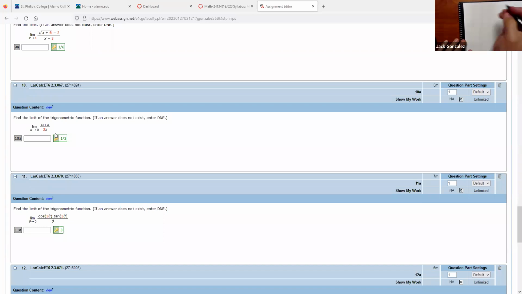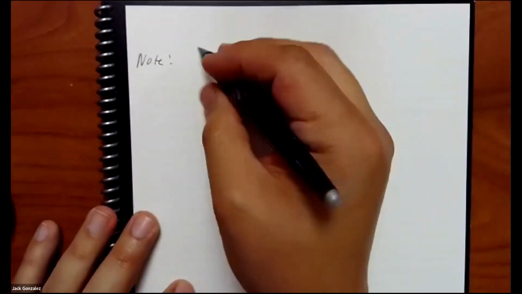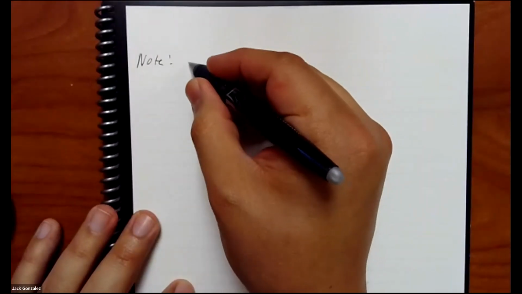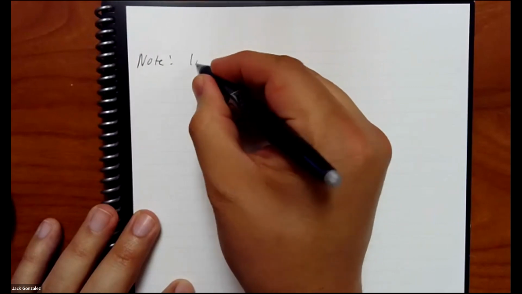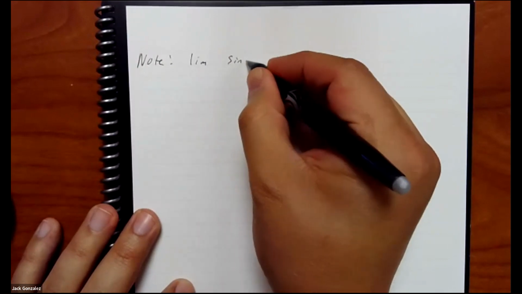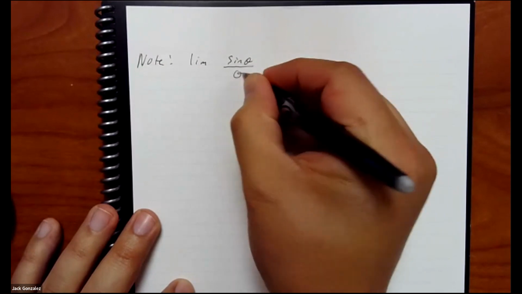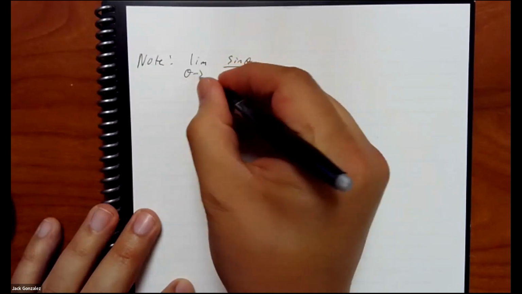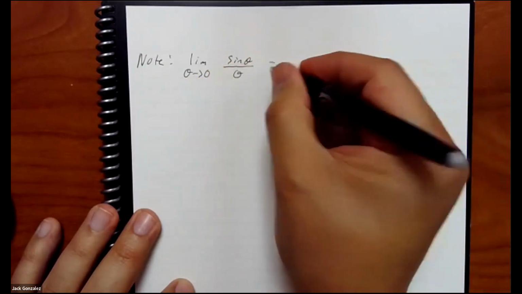Let me write down this note here. The limit of sine theta over theta as theta approaches 0 is equal to 1.